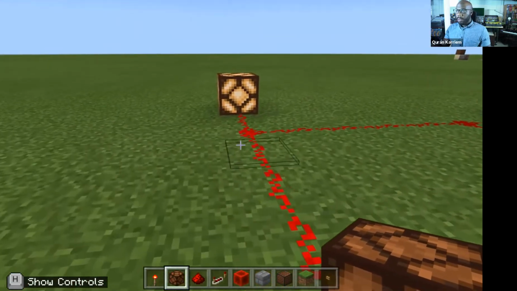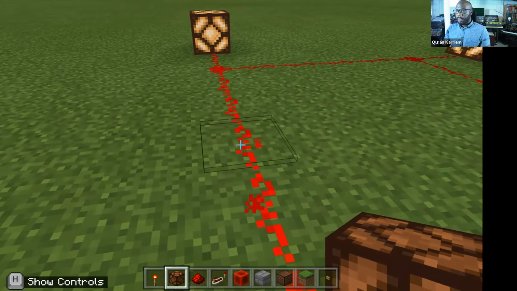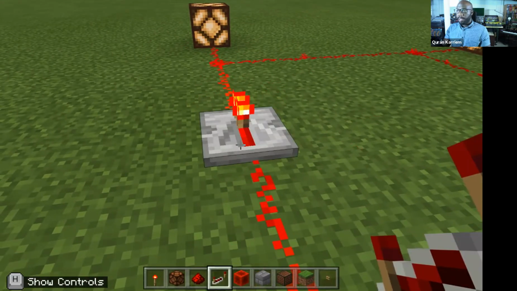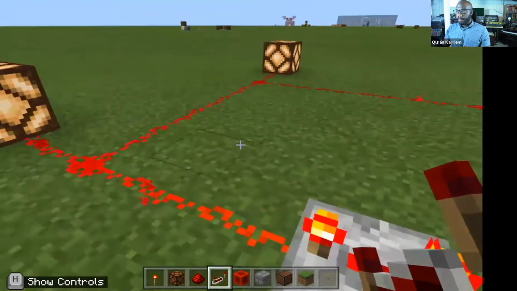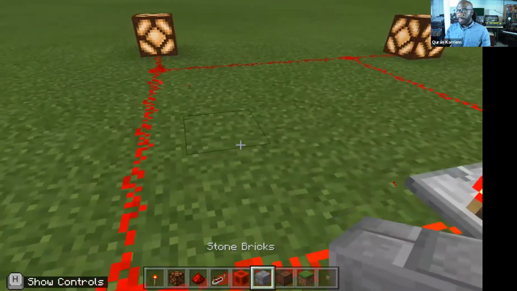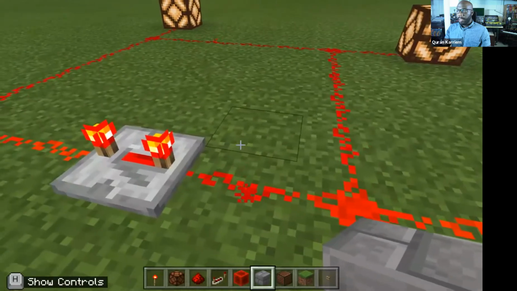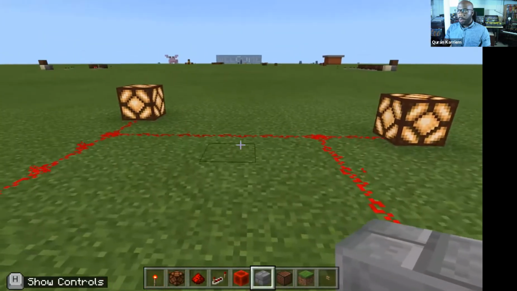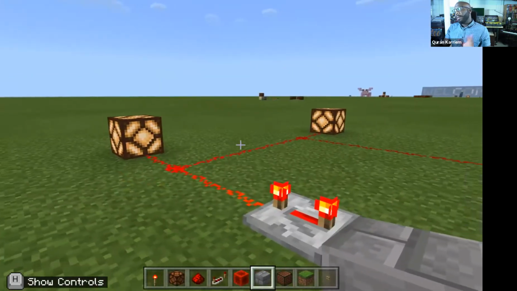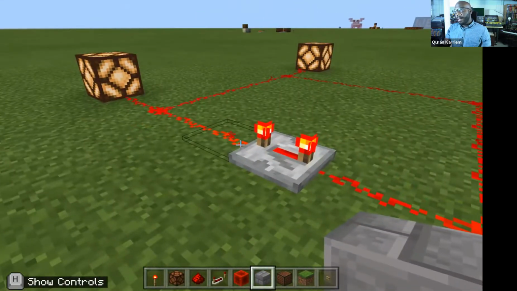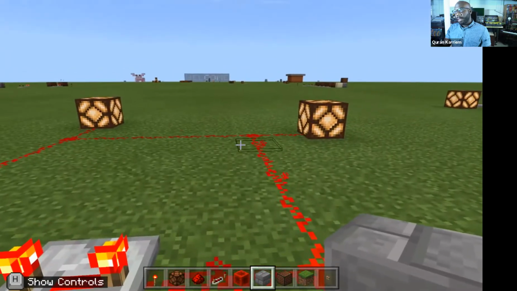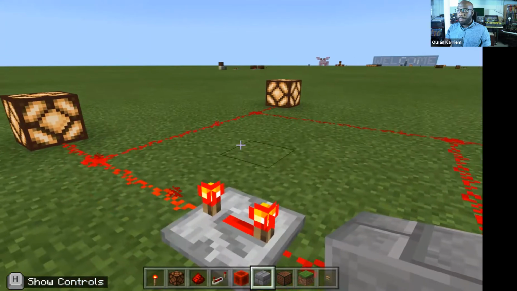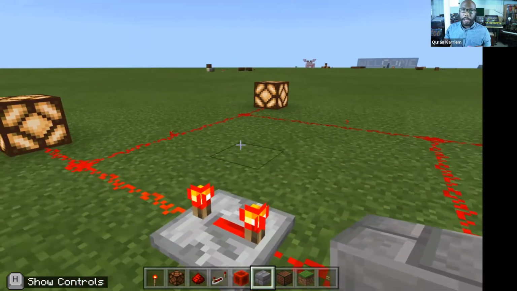So to do that, what I want to do is add some repeaters, give some delay, and I could try it with one and then add more after to just experiment. So let me do that. So for them to blink, right? Like right now they're just on. We need them to be able to turn off and then turn back on again.